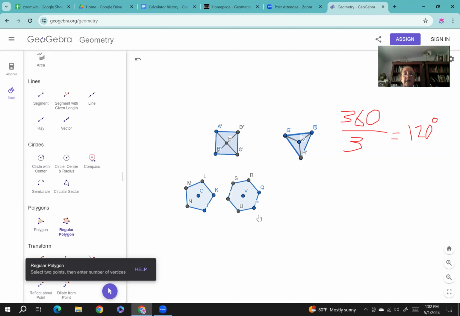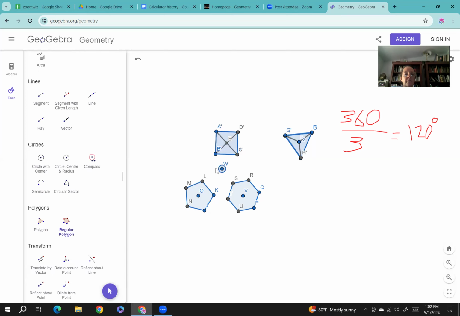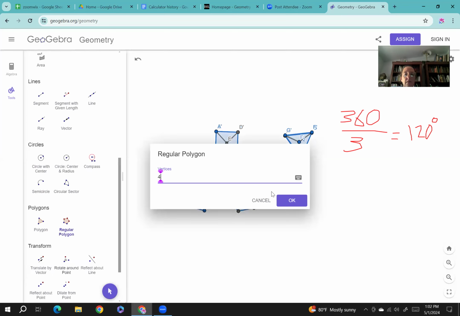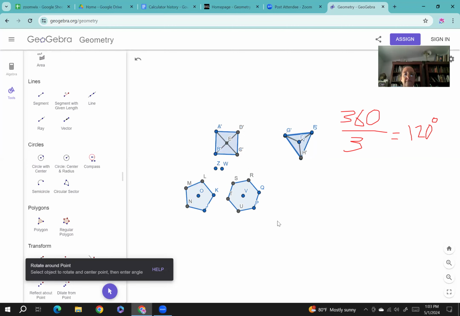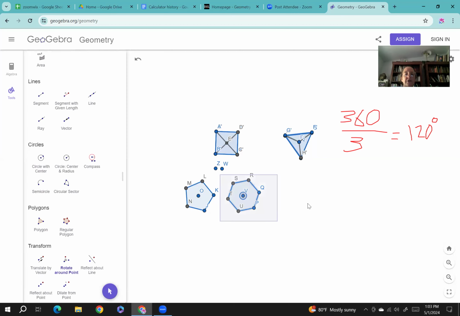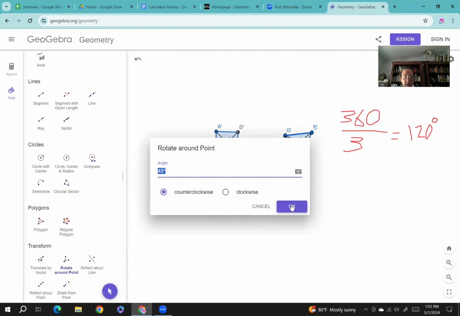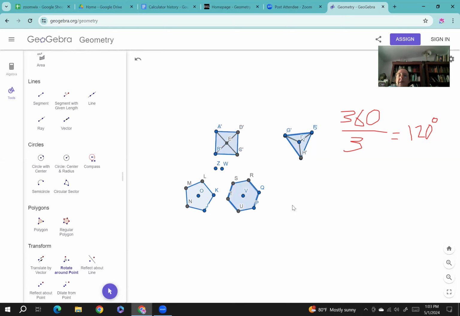We highlight the hexagon. Highlight our center of rotation, tell it 180 degrees. And then we see it landed on top of its footprint. So a regular hexagon would have 180-degree rotational symmetry. In other words, half-turn symmetry. A regular octagon would as well.